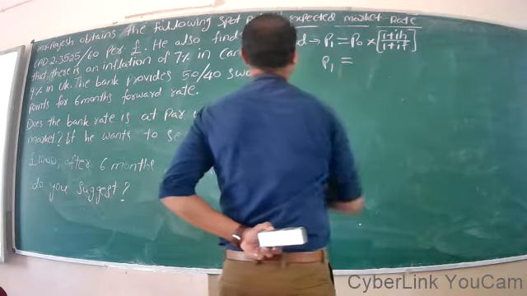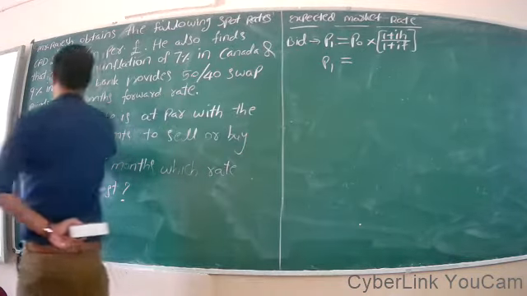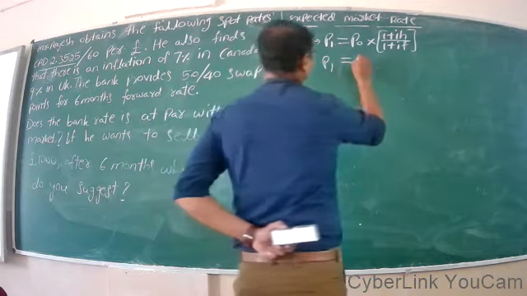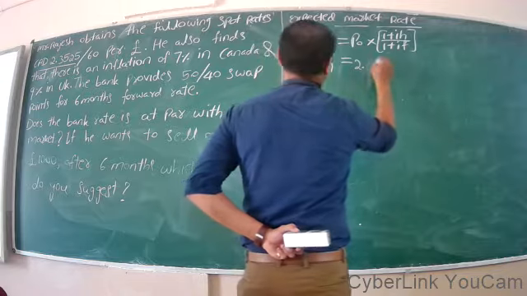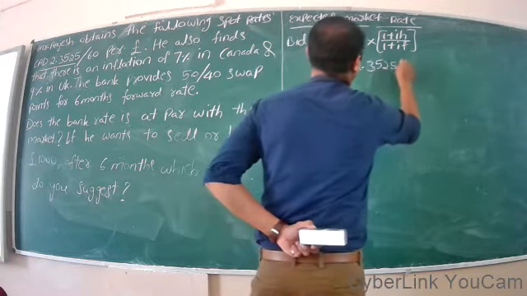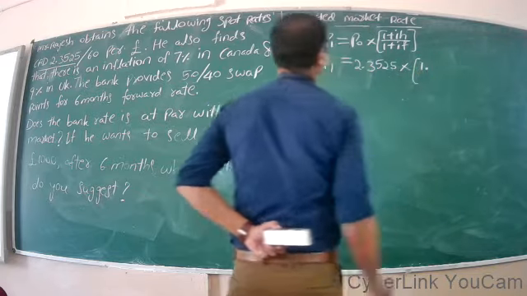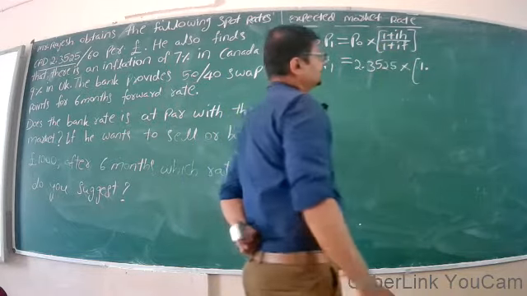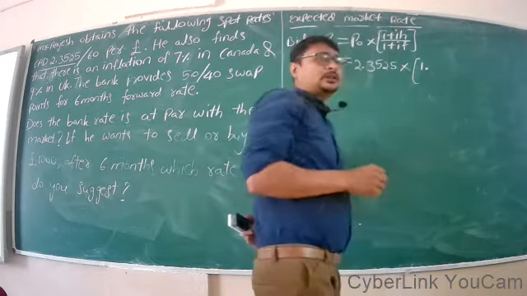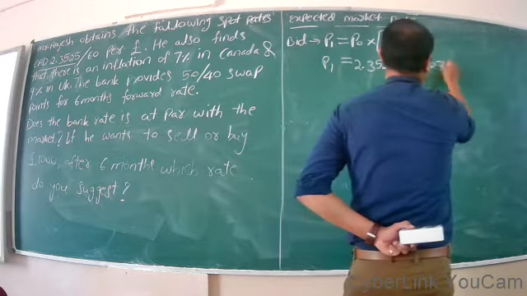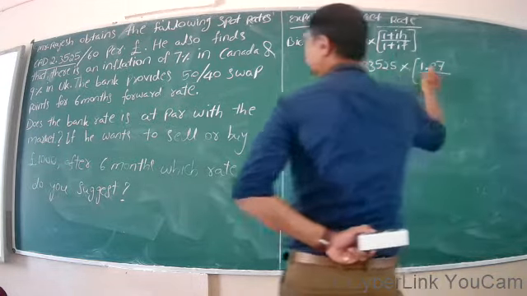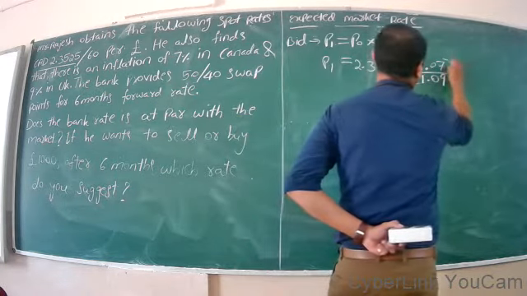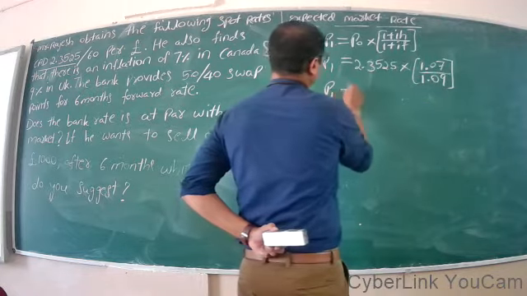So P0, in the given quotation, the bid price is Canadian dollar 2.3525, multiplied by 1 plus inflation in the home country, 7%, that is 1 plus 0.07, so 1.07, divided by 1 plus 9% in the UK, 1.09.